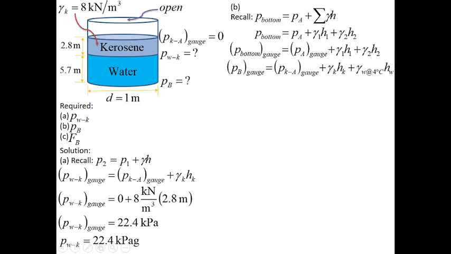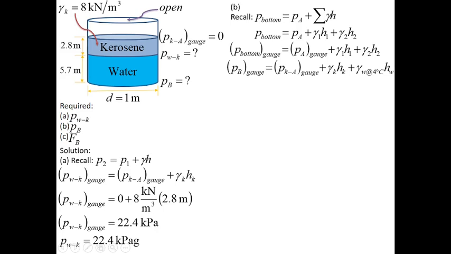Okay, so pressure at the bottom, that's P sub B. Pressure of air, okay, so that is at the interface of kerosene to air, which is 0. So PA here is the same as the pressure at the interface of kerosene to air. Plus gamma sub 1, H sub 1.